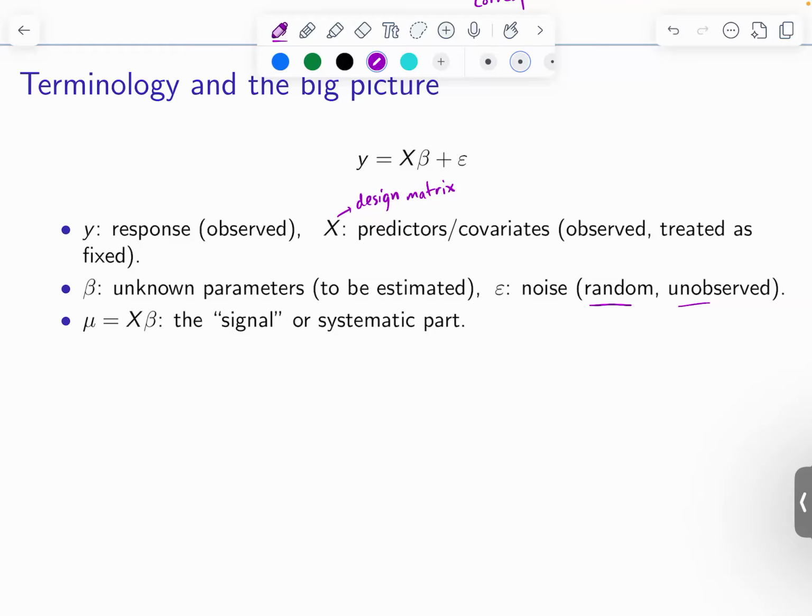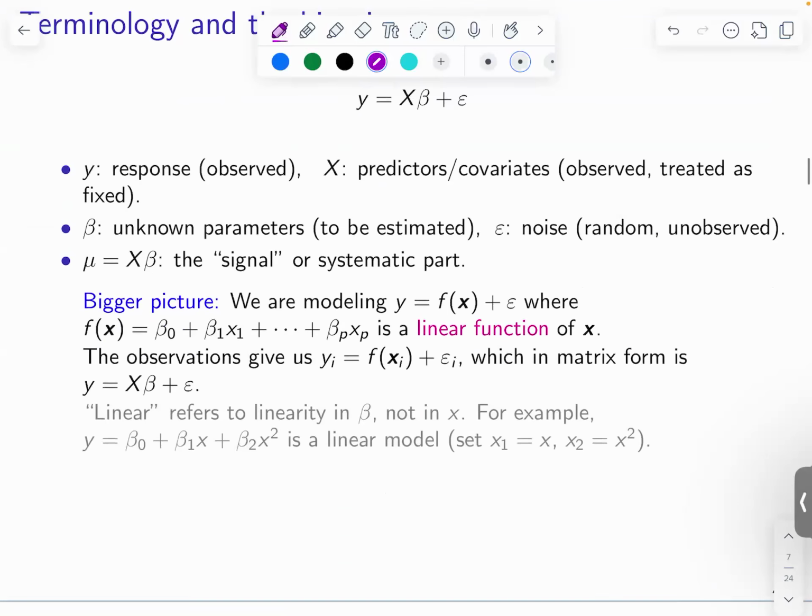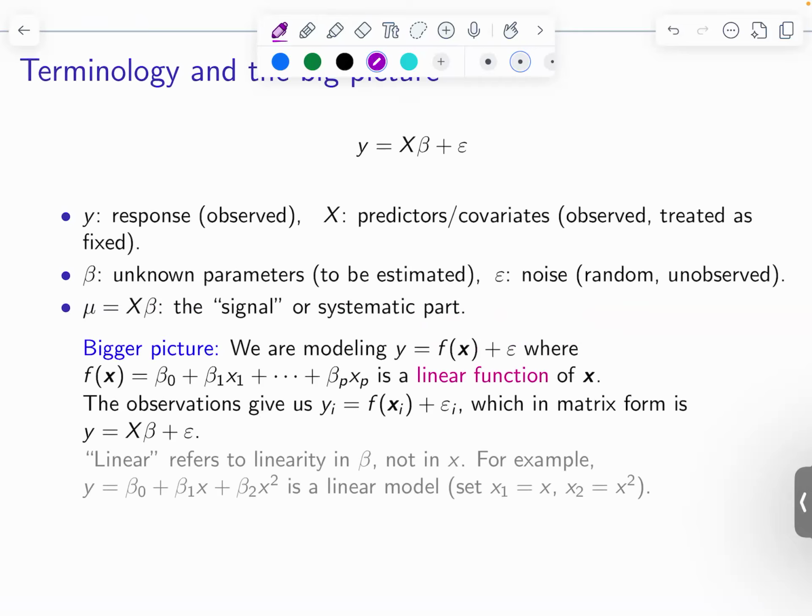So this is our model. The modeling assumption is that that piece is X beta, the signal part. Okay, and a note about the big picture. Think about the way that we model a single observation. Here I'm using Y as a single observation.